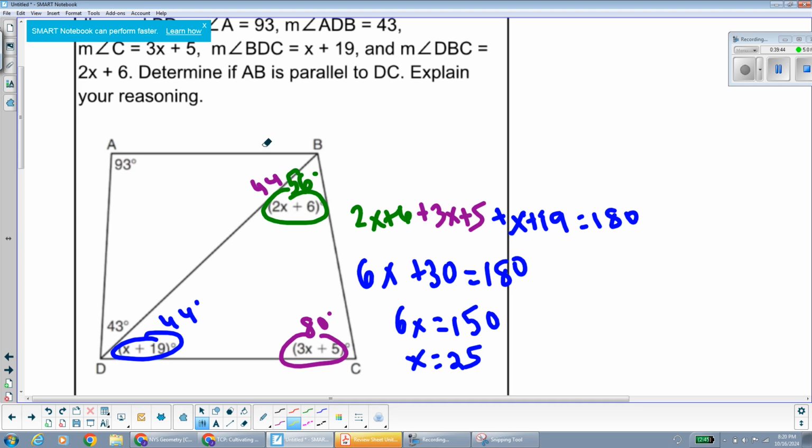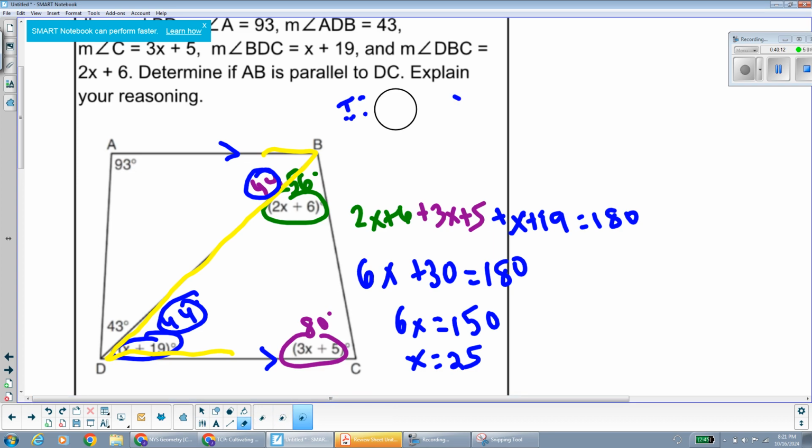So what I'm seeing now, in the letter Z, we have congruent alternate interior angles. And that proves to us that line AB is in fact parallel to DC. You can put that in your explanation. Let me actually write this better.